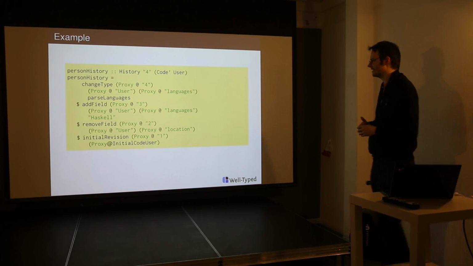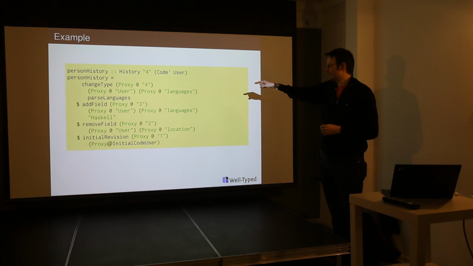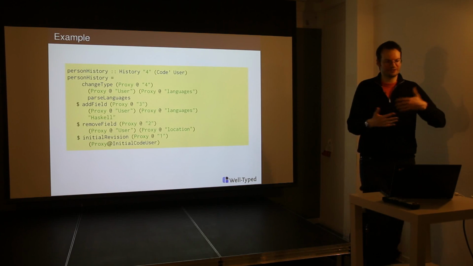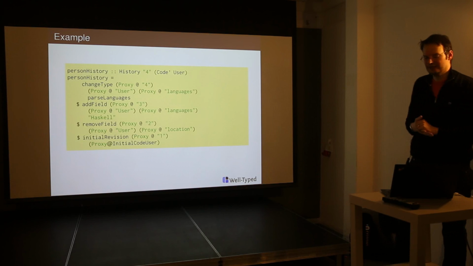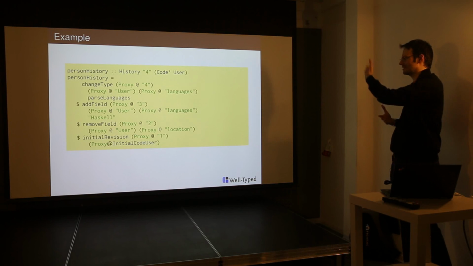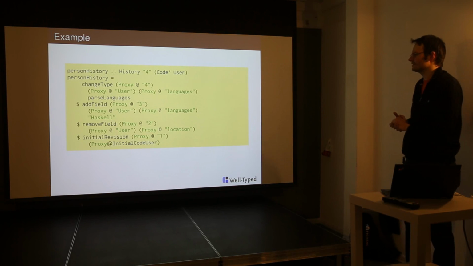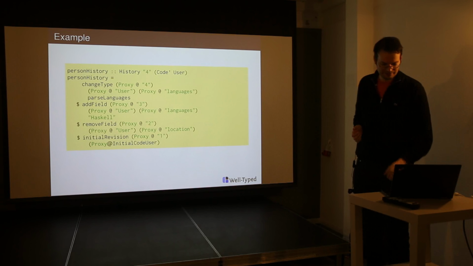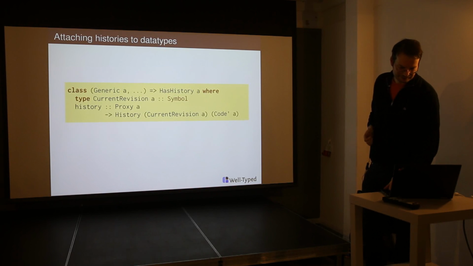And I'm also not saying explicitly what the types are that I change in the change type. That is inferred from parse languages, which is a function that goes from one type to another. But that is a choice. I could also make these explicit because they might serve a good documentation purpose in such a statement. But this is a way that you could write down a history of a data type.